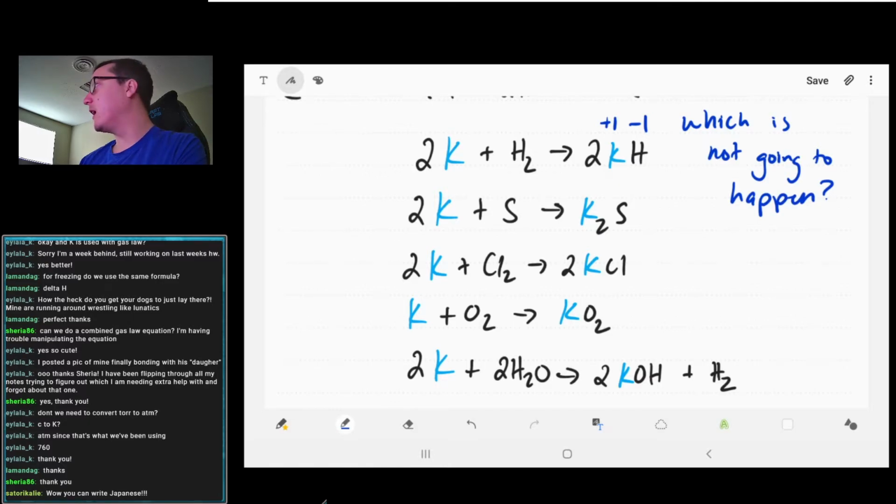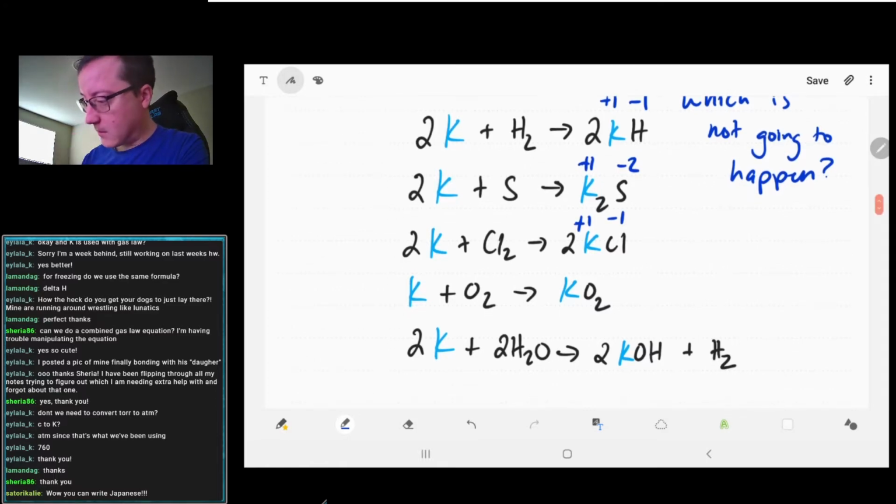So that would be a possible reaction there. With this one, with potassium being +1, sulfur is -2, we get what we should get there. So that one's probably okay. We get +1, -1 here. For this one, we get +1 and -1/2.